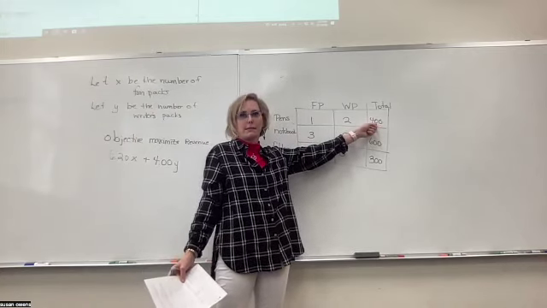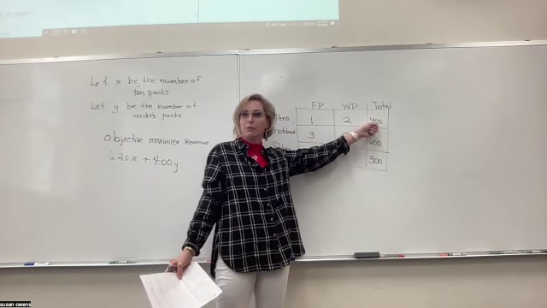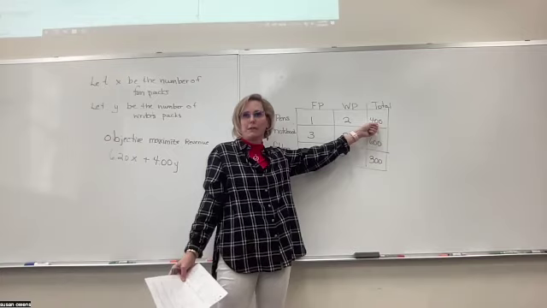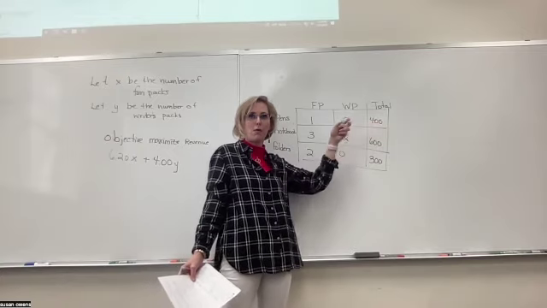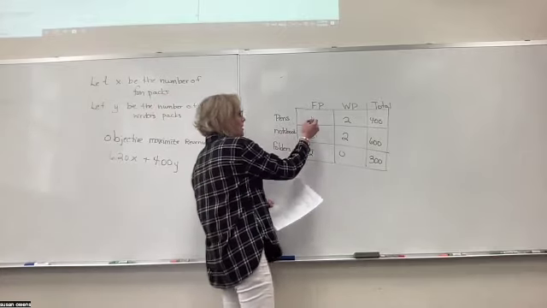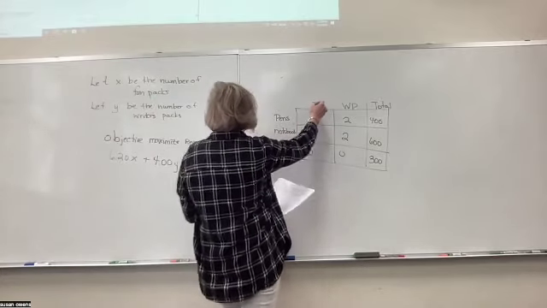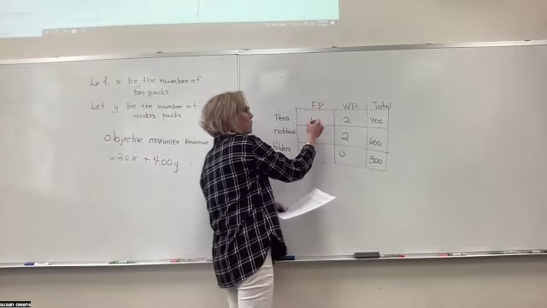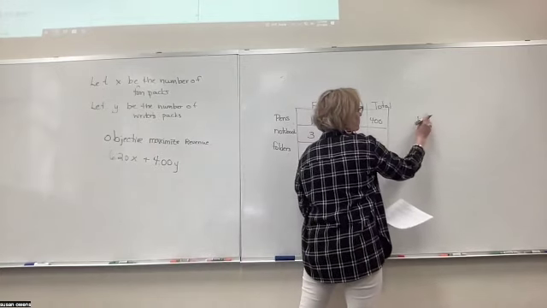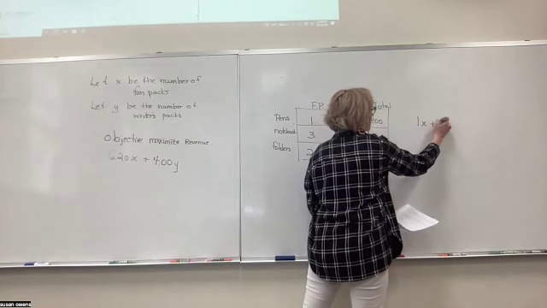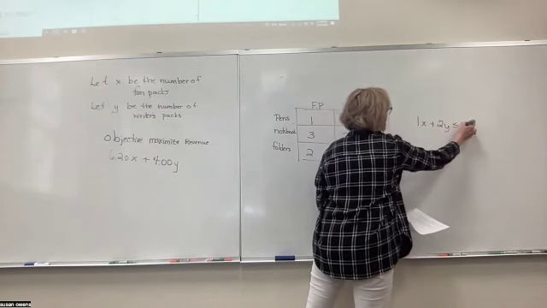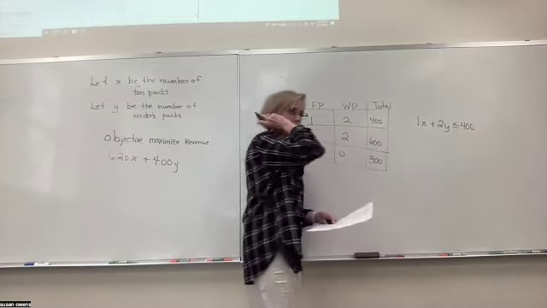Can we use less than 400 pens? Can we use 0 pens? Can we use a negative number of pens? No. Okay, so now we have to write out our inequalities. And fun pack, remember, was our x. So 1x plus 2y has to be less than or equal to, because we could use exactly 400.